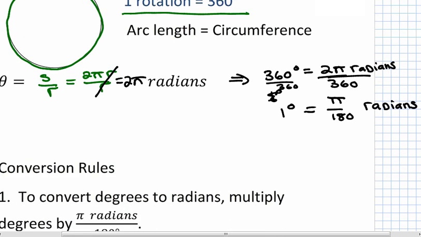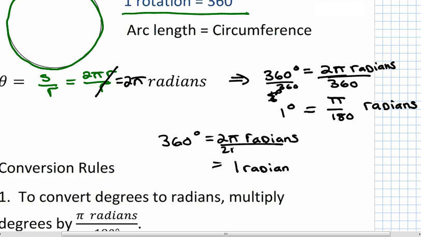Conversely, if we're talking about 360 degrees, 360 degrees equals 2 pi radians. And I want to find out how much 1 radian is in degrees. I divide by 2 pi, and I get 180 over pi is equal to 1 radian.